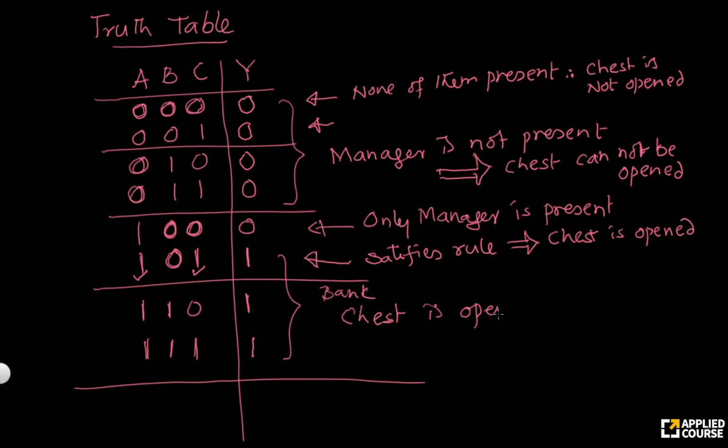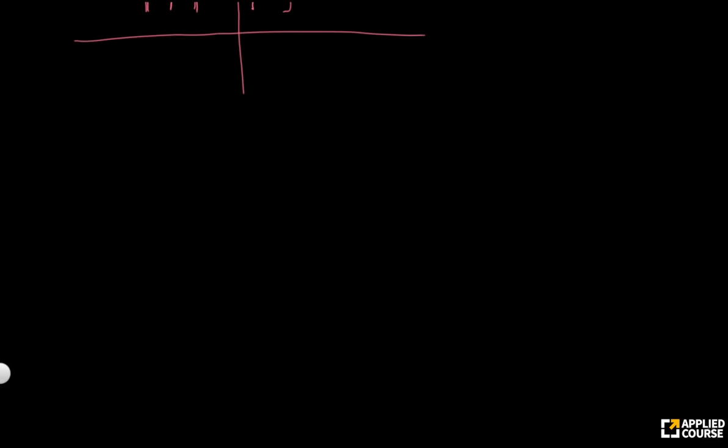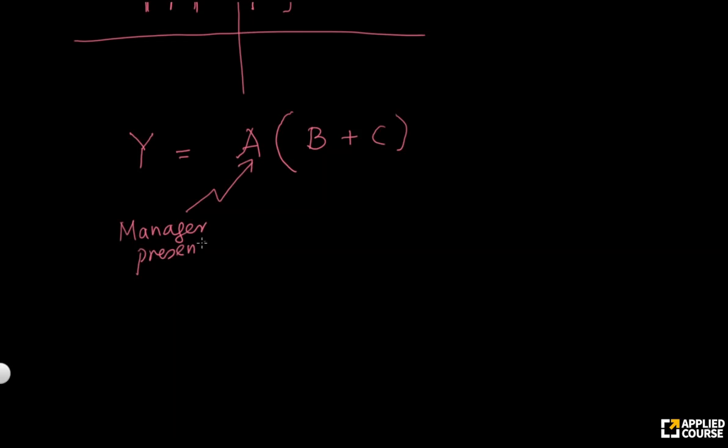Now we want to give a mathematical expression for the opening of the chest. How can we say it? y equals: the manager must be there, and any one of the cashiers must be present. So this tells us the manager is present, and either cashier B or cashier C is present.